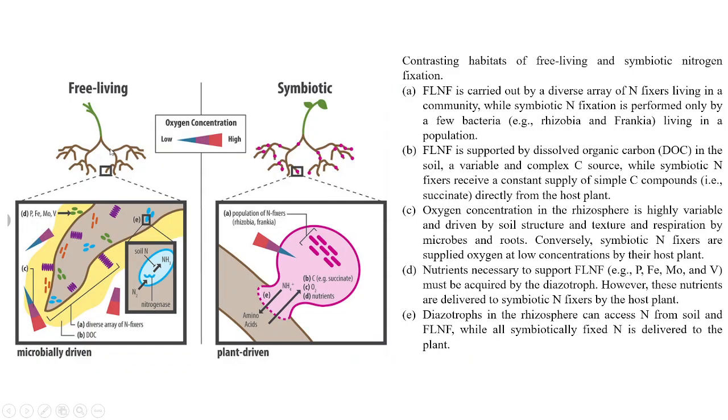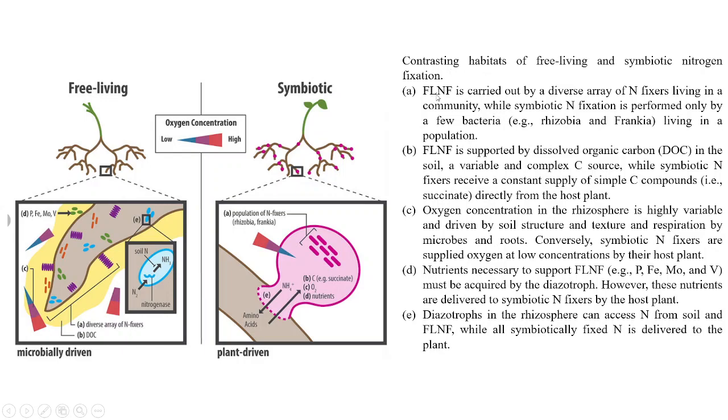So there can be two types of diazotrophs: free living or symbiotic. Symbiotic is when you are in a symbiotic association with another organism. The most popular examples are rhizobia in the roots of legumes, and then Frankia. The free living nitrogen fixers are different. The contrasting habitats of free living and symbiotic nitrogen fixation are explained here.